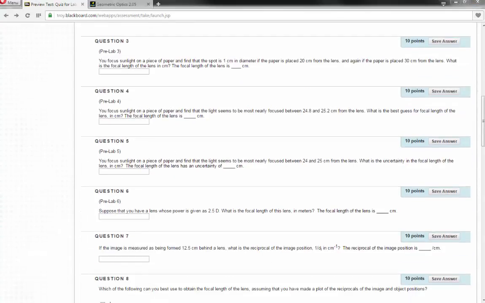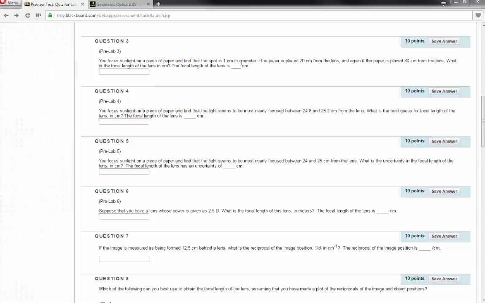Okay, the next thing it asks is that you focus the sunlight onto a piece of paper, and you find the spot size is 1 centimeter when the paper is 20 centimeters from the lens, and again when the paper is placed 30 centimeters from the lens. It asks, what's the focal length?